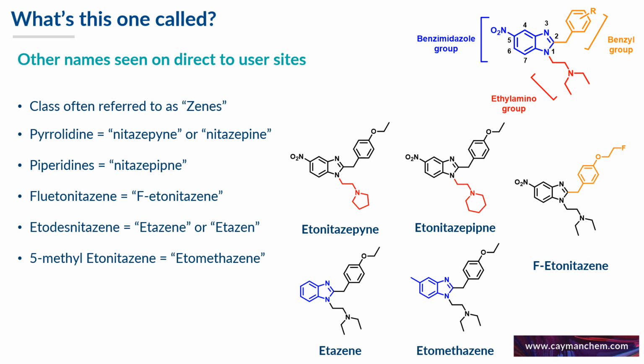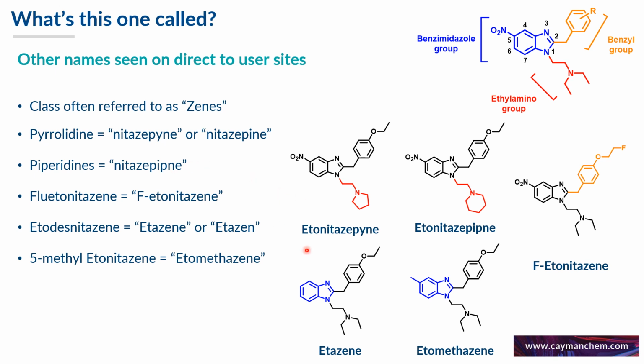Other names are often used in direct-to-user websites, and this class of opioids is often referred to as zenes on user threads. So those N-pyrrolidino analogs that we just discussed are often referred to as nitazepyne or nitazepynes. The N-piperidino analogs are known as nitazepipne.